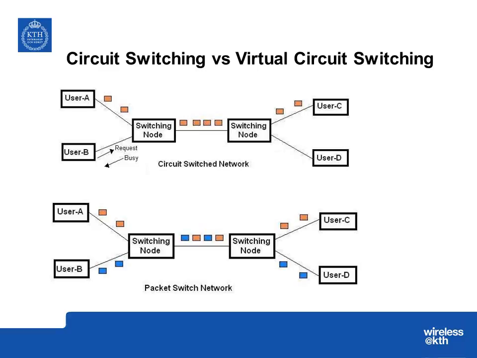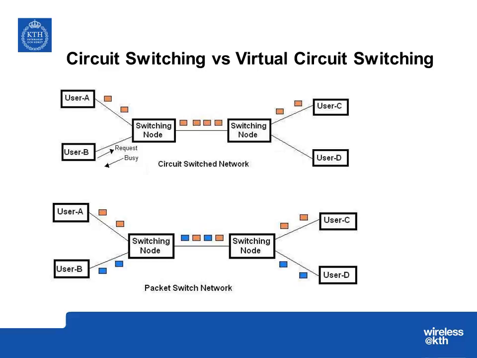In a packet switched network, the lower part of the figure, user A and user B share the connection between the switching nodes. So user A and user C could connect a virtual circuit, and user B and user D another, each of them in parallel. On the other hand, of course, the data rate experienced by user A and C on one hand, and user B and user D on the other, would depend on the amount of traffic that the other pair injected into the system.